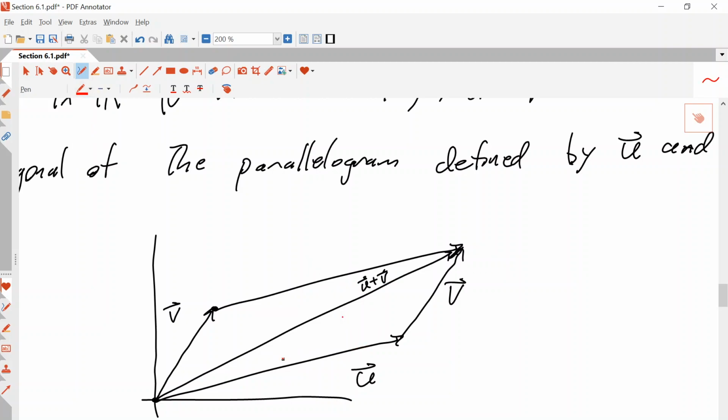But this diagonal here, depending on which direction you draw it, either going right to left or left to right, is v minus u, the way I've drawn it. It's u minus v in the other direction, because u plus v minus u is v.